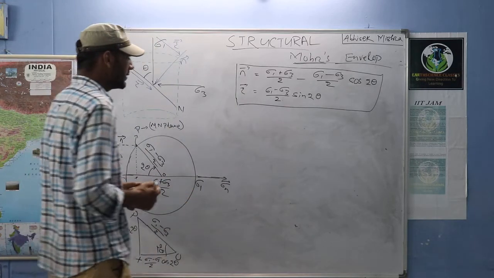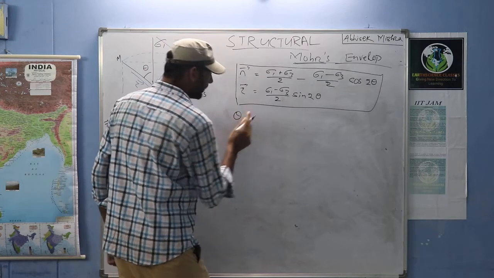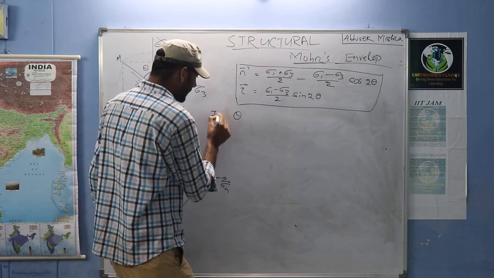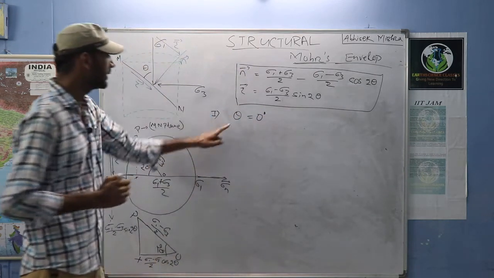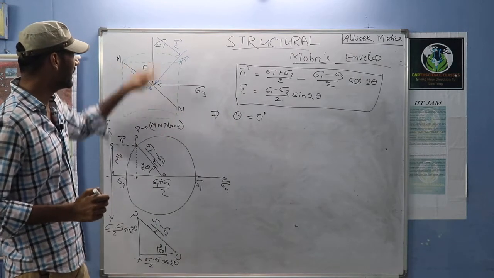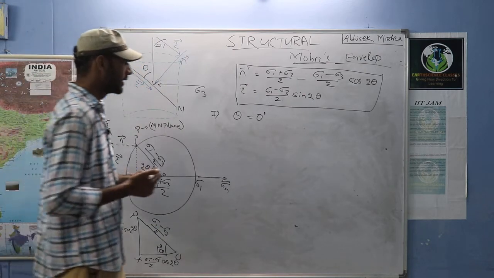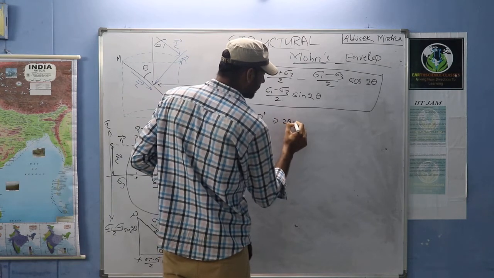Now we will discuss what happens when the value of theta changes, right? So taking the first condition, when theta is equal to 0 degree. Theta equal to 0 degree means the angle between the plane and the maximum principal stress is 0 degree. So 2 theta will be equal to 0.